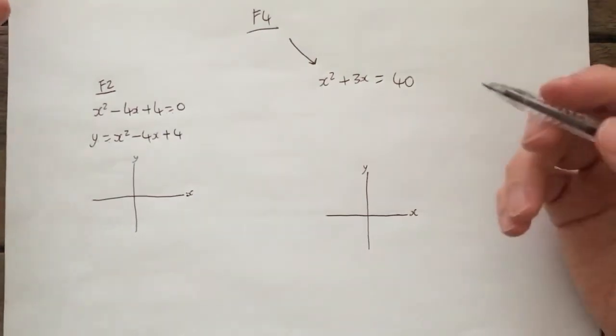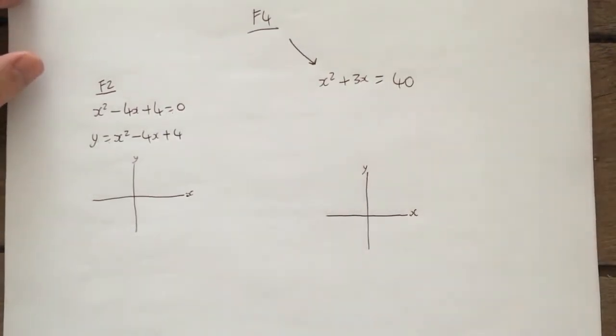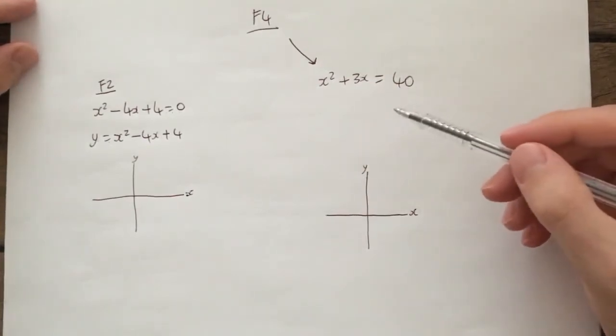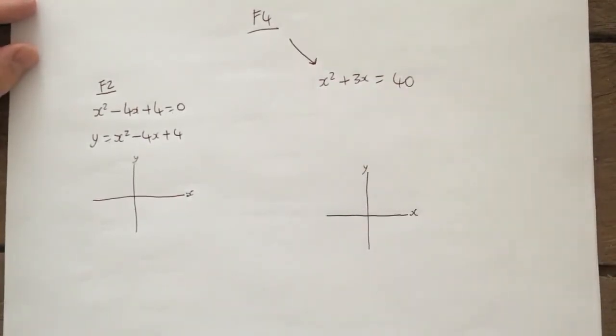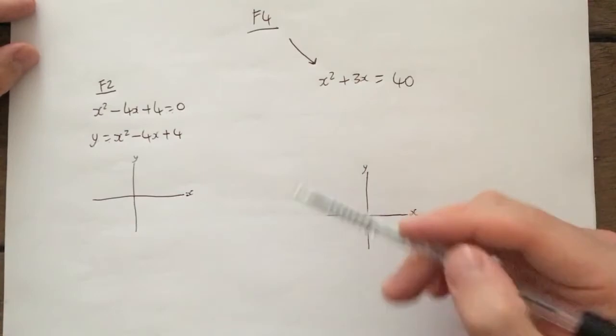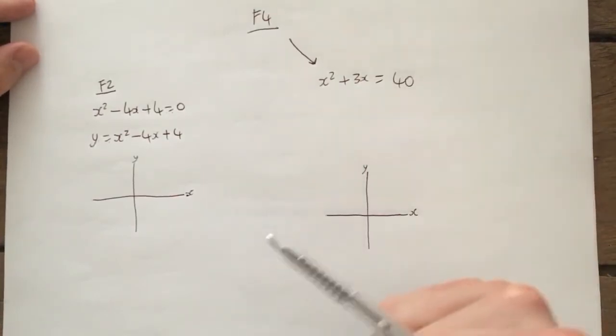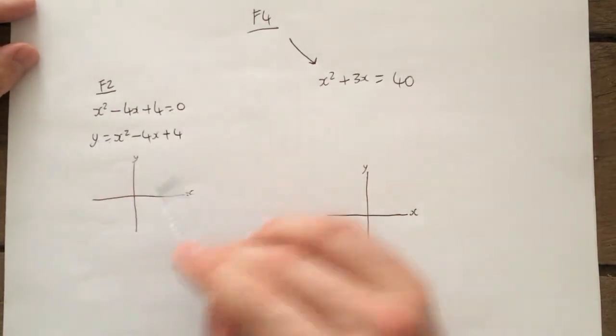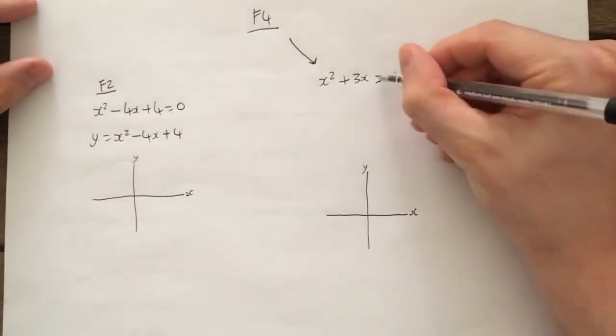So the first step you must do with this question, with all of F4, is rearrange it so that it does equal 0. It's imperative that your equation equals 0 for you to then factorise it and solve it. This one was already done for us. This one isn't.